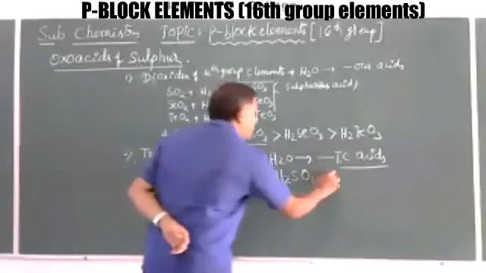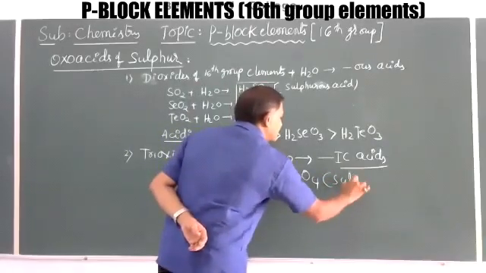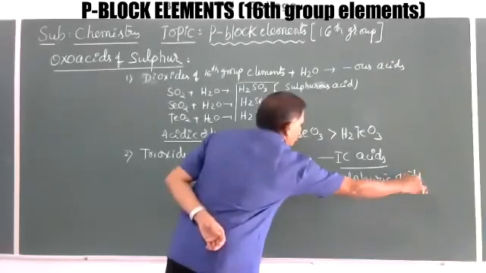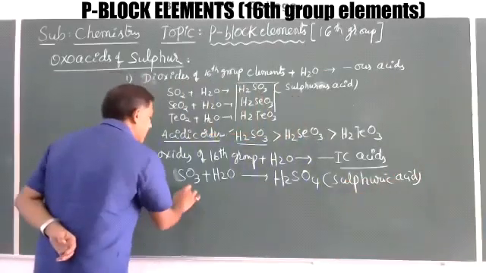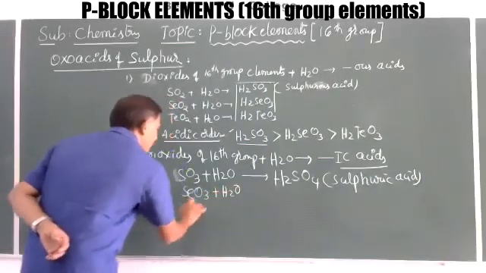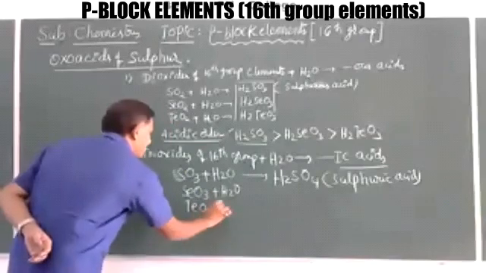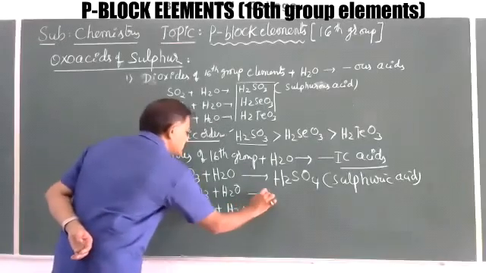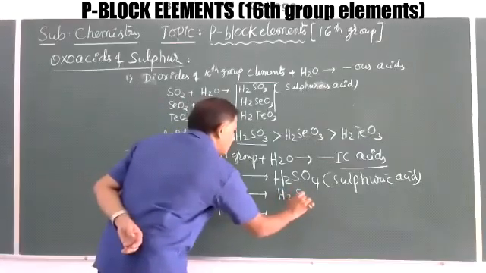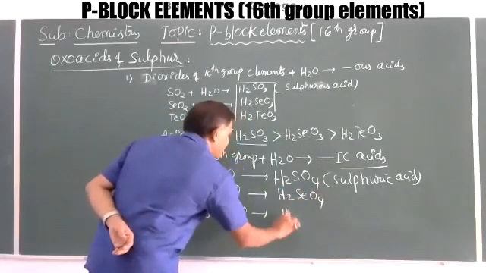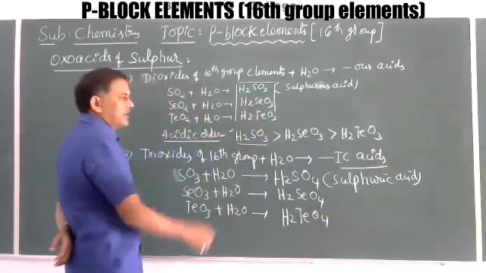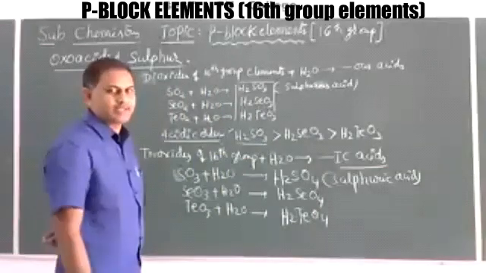Name is sulfuric acid. Similarly, SeO3 plus water, TeO3 plus water, give the corresponding ic acids. These are H2SeO4 and H2TeO4, selenic acid and telluric acid.